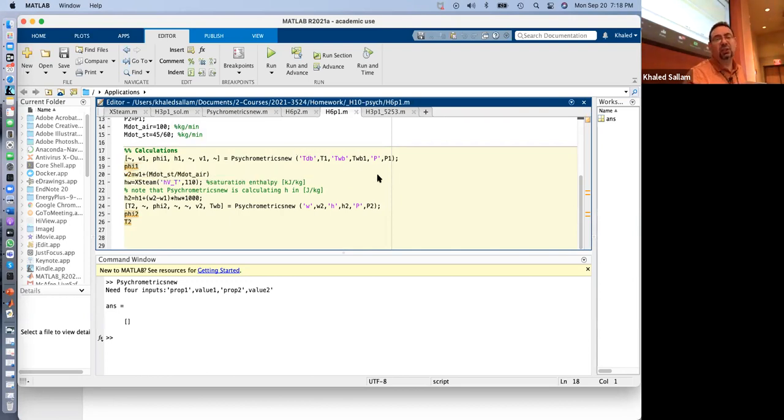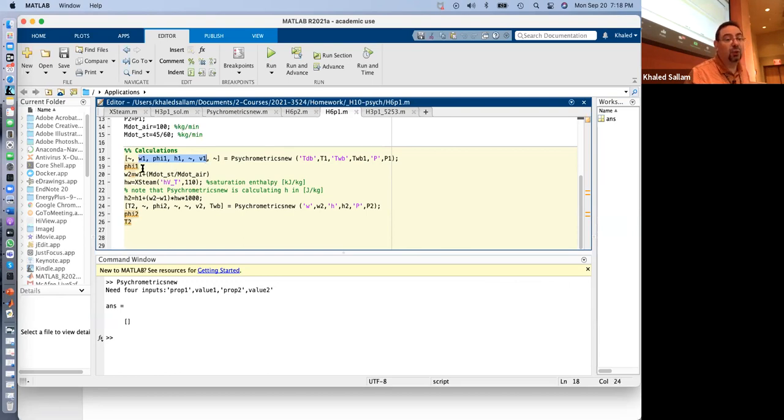The question is, in the psychometric chart MATLAB file, are those the unknowns or the knowns? Those are the knowns. This is what you give him, and this is what he's calculating for you.